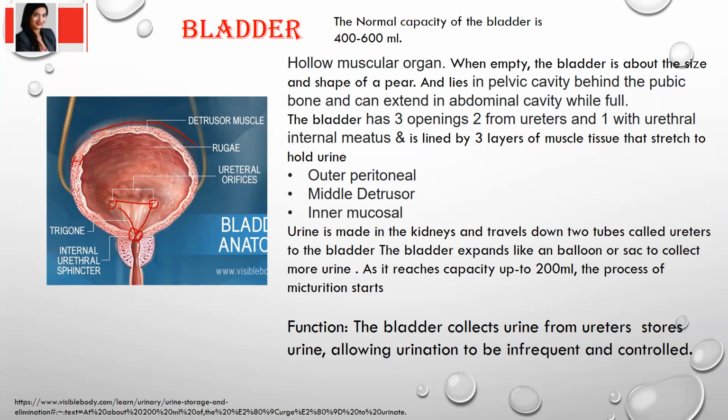That signal goes to the brain through nerve receptors, and then the brain will automatically relax the internal sphincter. The urethra has, around the bladder neck, an internal sphincter, which is actually part of the urethra.